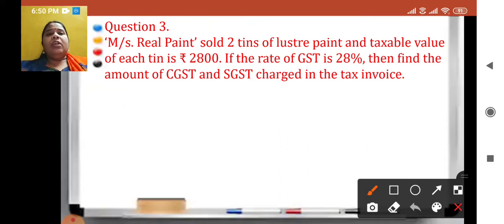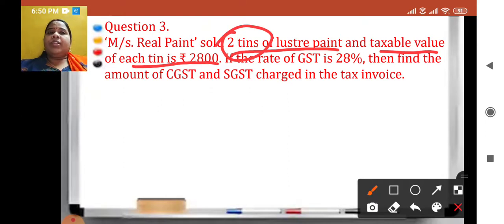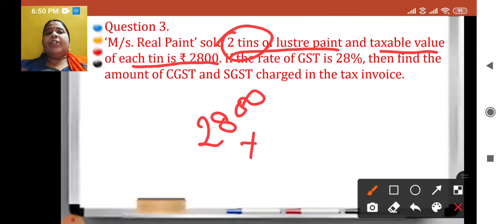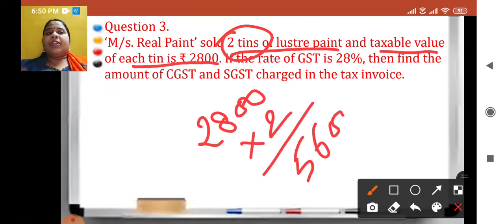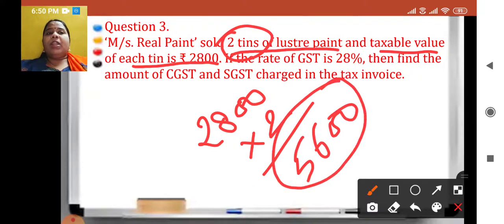What is told here, that 2 tins of Lustre paint were sold. Okay. Taxable value of each tin is given as 2800. Now let me get the taxable value of 2 tins. Now each tin is 2800. So for 2 tins it will be 2800 into 2. How much will we get? 5600. This is the taxable amount.